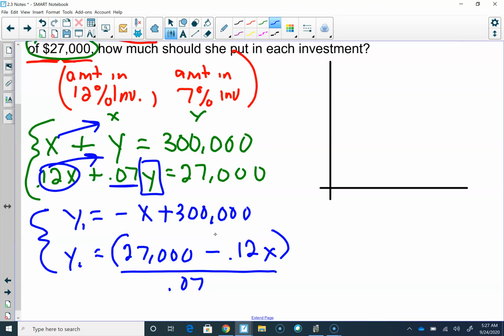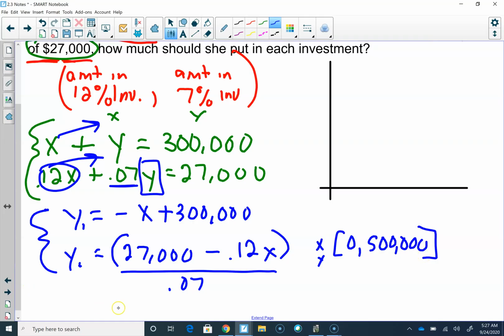Now you're going to go to your calculator and you're going to put this in, and then we need to find my windows. And being these are hundreds of thousands and they go up to 300,000, I'm going to let my X window be 0 to 500,000, and my Y window to be the same. I'm in the hundreds of thousands. I'm just going to go a little bigger than what's there.